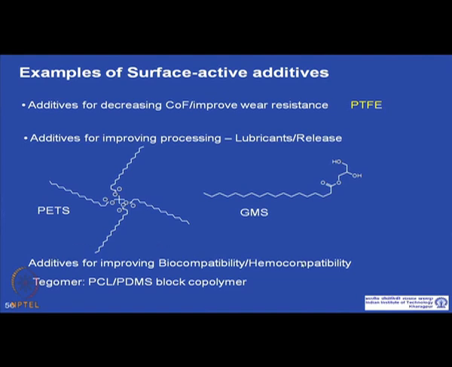An example of improving hemocompatibility or biocompatibility of a polymeric surface is Tegomer, which is a block copolymer of polycaprolactone and PDMS. Because of the presence of PDMS, it migrates to the surface, and because of the hydrophilic nature of polycaprolactone, it forms domains of hydrophilic and hydrophobic regions, which help make the surface biocompatible or hemocompatible.